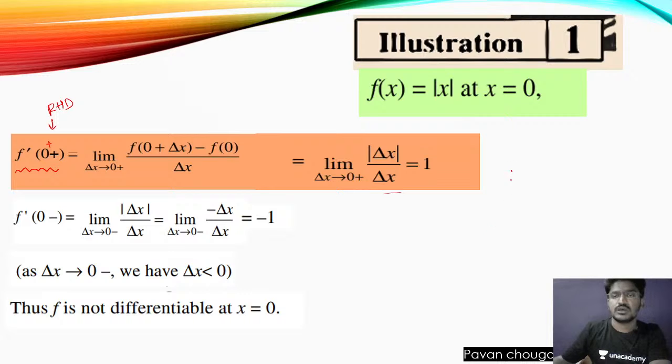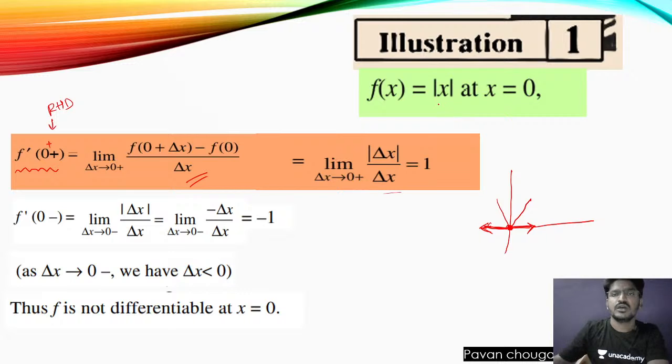That means this is your 0, plus means your positive side, 0 minus means your negative side, clear? At this point, they are evaluating whether mod x is differentiable or not, clear? So for that, first they are calculating the right hand limit.